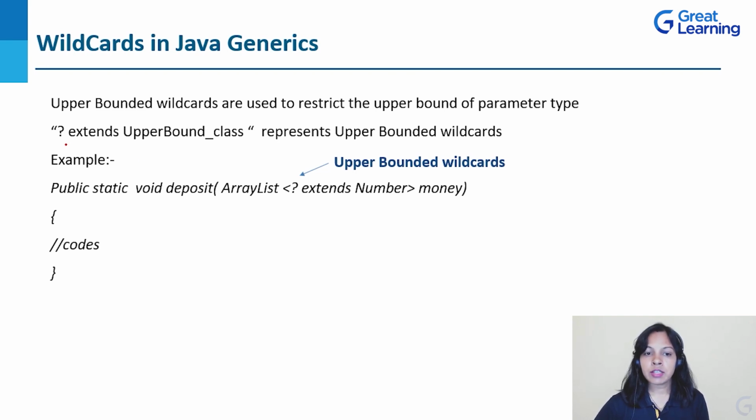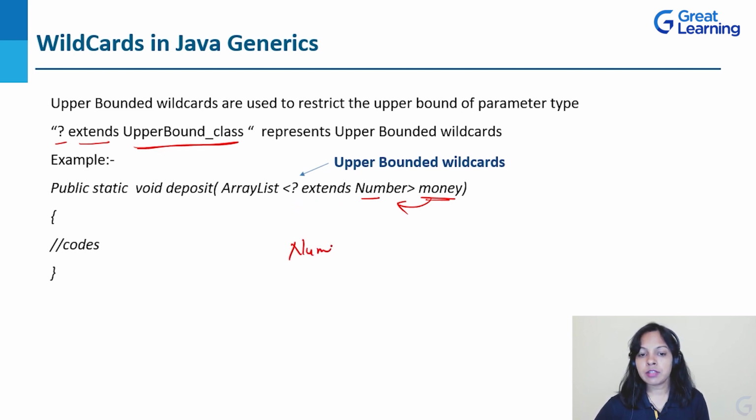The syntax to use that is a question mark, the extends keyword, and then whichever class you want to represent as the upper bound. In this example, we can see the deposit method again, and this money ArrayList should be of any type which is Number or a subclass of Number.